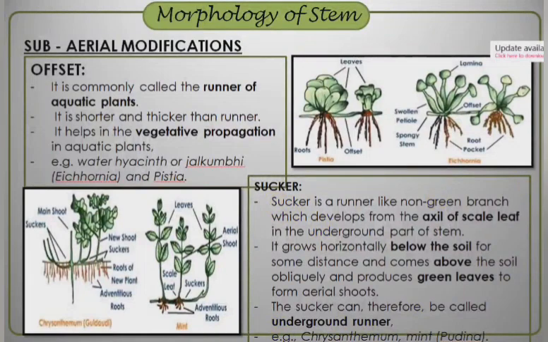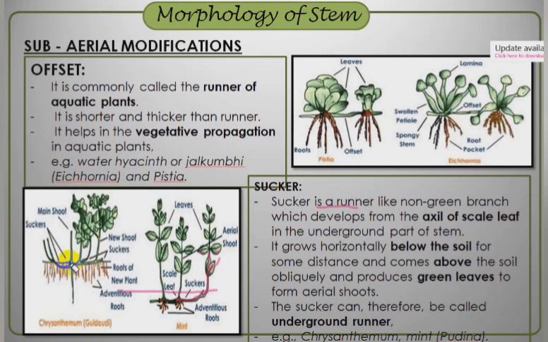The sucker is also runner-like, but in a sucker the branch initially grows below the soil. As you can see in this diagram, this horizontal branch grows below the soil for some time and then slowly and gradually comes out of the soil and gives leaves and branches.